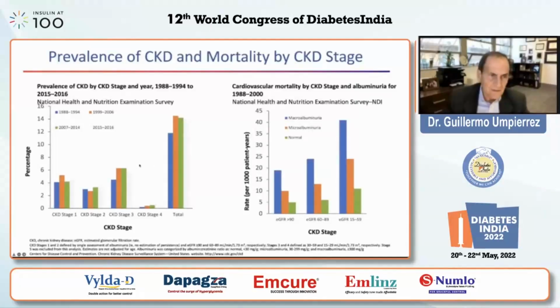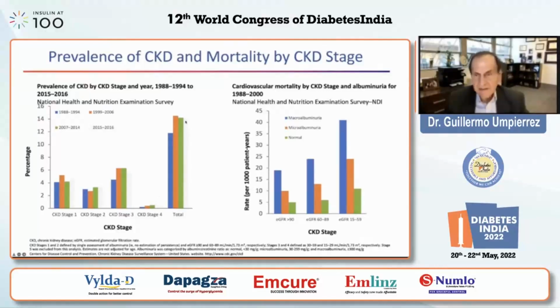More data from an epidemiological study from the United States, called NHANES, the National Health and Nutrition Examination Surveys, which goes from 1988 to 2016. What you're looking at is the different stages of CKD: more than 60, 45 to 60, 30 to 45, less than 30. And you see the mortality.